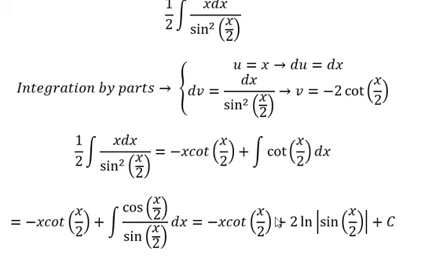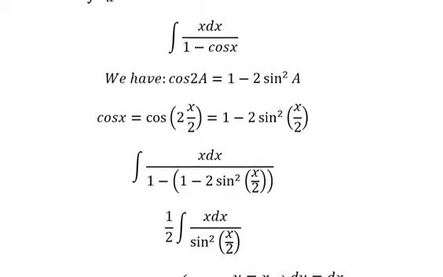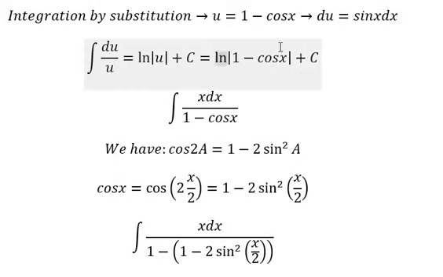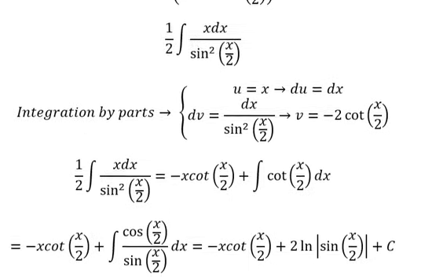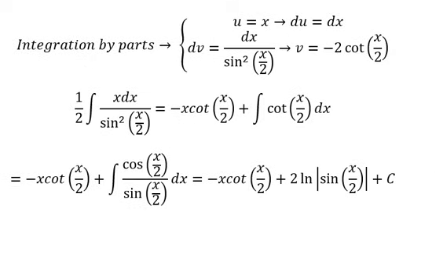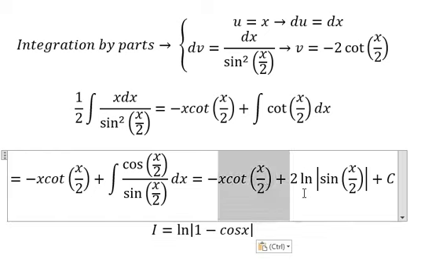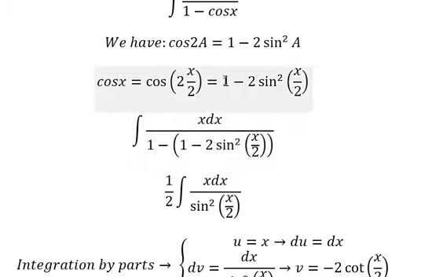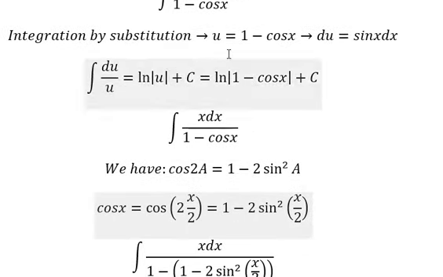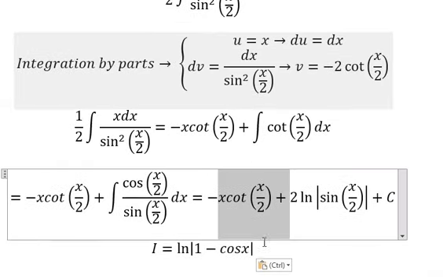Now we combine the answer, the first one in here and the second one in here, because we know that there is the negative sign in here, so we need to put the negative.